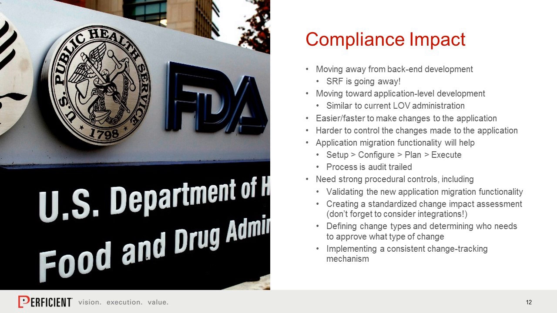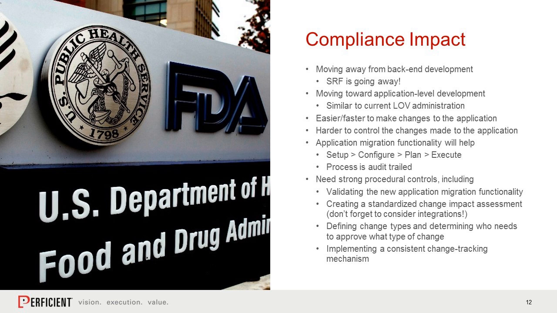We would define different change types or categorizations and determine who needs to approve each change. For example, an LOV change versus adding a new field or a new screen could be different levels. Implementing a consistent change tracking mechanism where you can track the change, its impact, the approvals, and then track deployment.